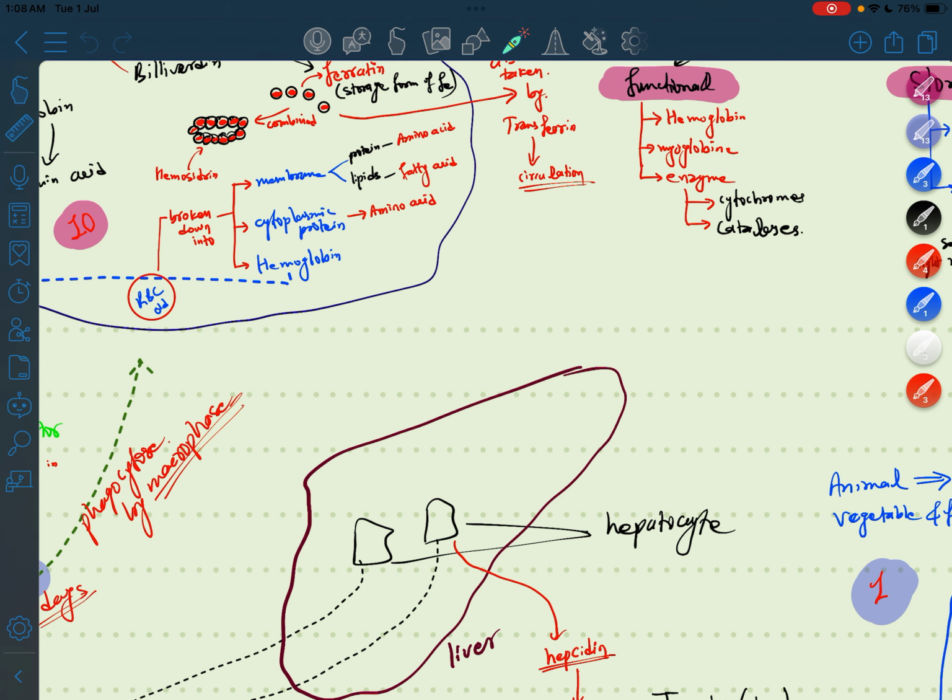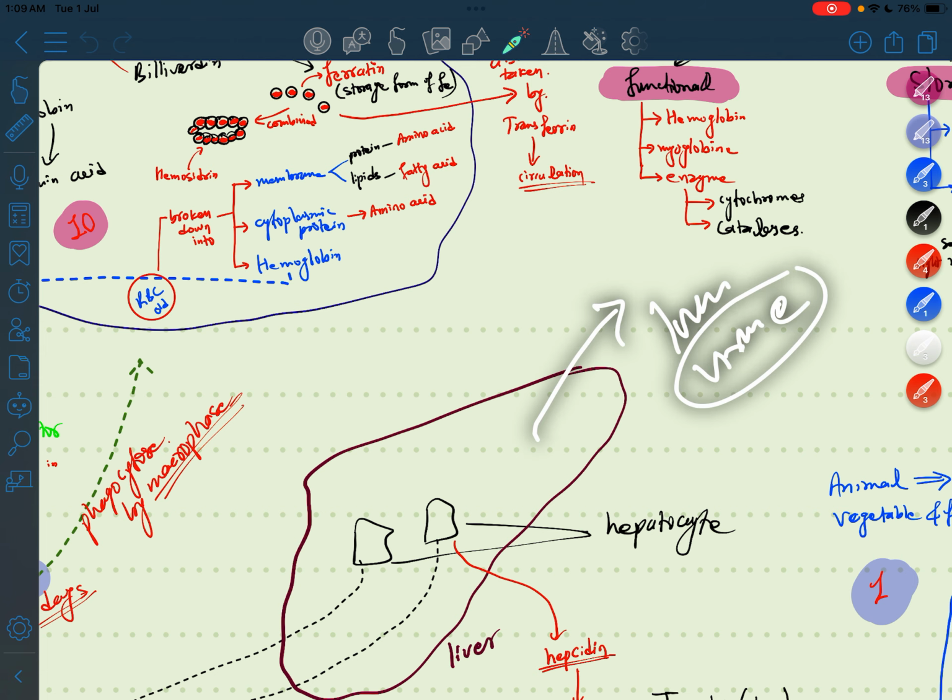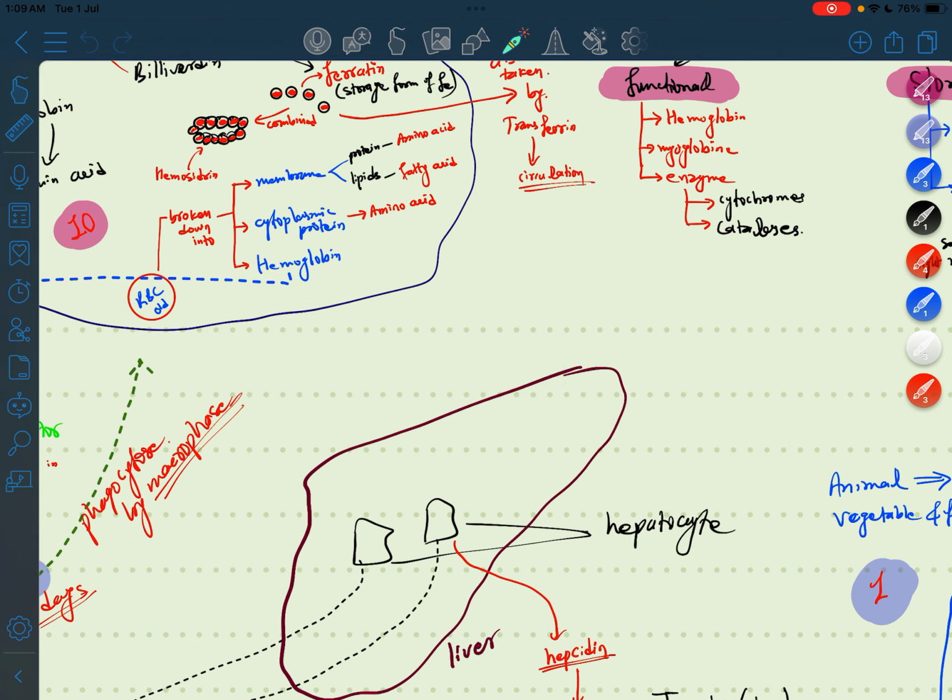There is also reabsorption in the liver into the circulation, and it goes into urine formation, so the urine is yellow in color. So this is how bilirubin metabolism occurs.